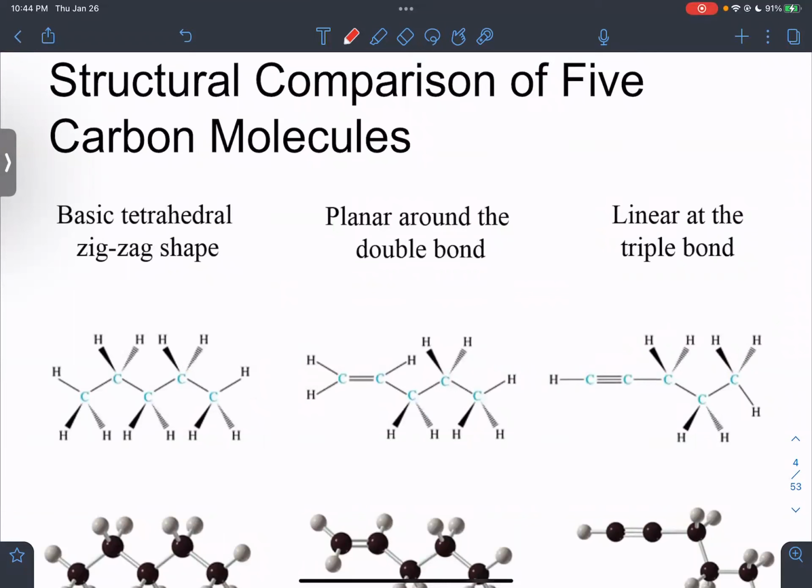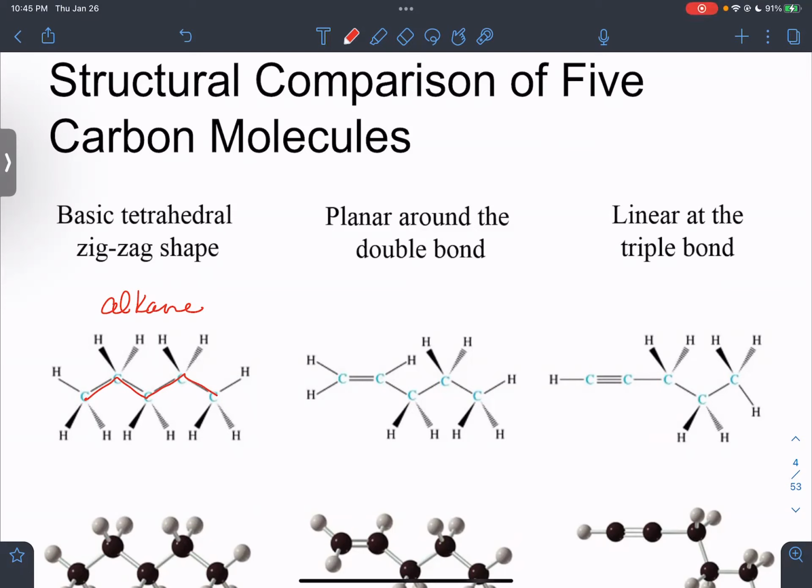All right, so when we look at the structures of these molecules, what you're going to see is that when you go from an alkane, you see something that has that tetrahedral shape because it has 4 different things attached to it. Those carbons are going to organize themselves to get as far away from each other and the hydrogens as possible, and you'll end up in that zigzag pattern.